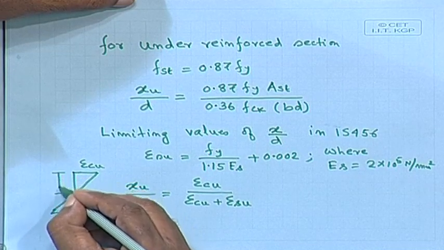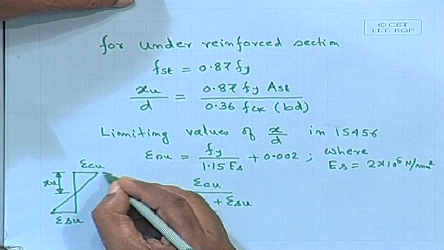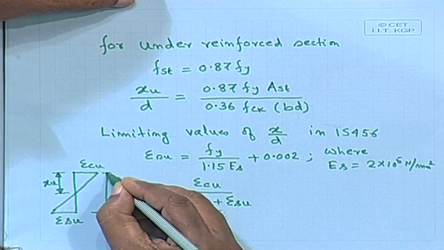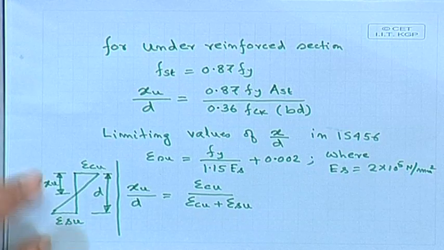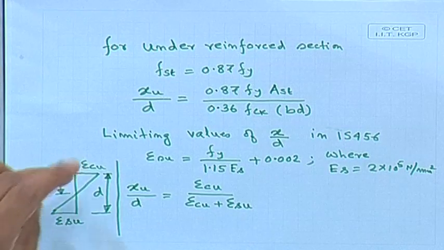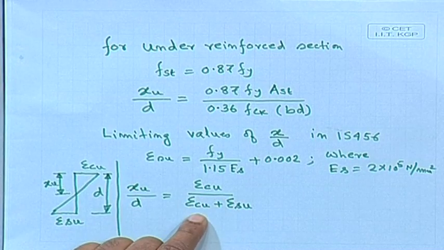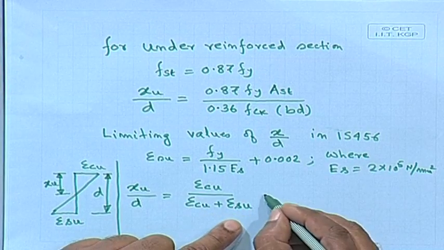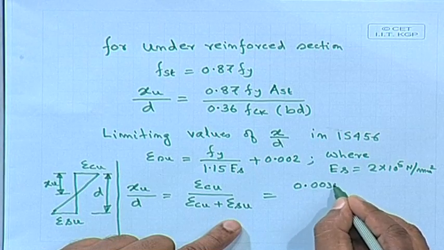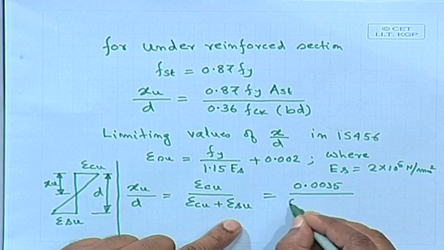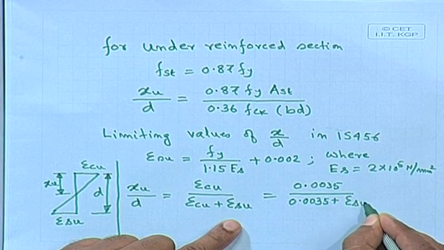Let us say this one Xu and total depth D. From this similar triangle principle, we can find out Xu by D equal to epsilon Cu by epsilon Cu plus epsilon Su, and epsilon Cu we know is 0.0035, so 0.0035 divided by 0.0035 plus epsilon Su.